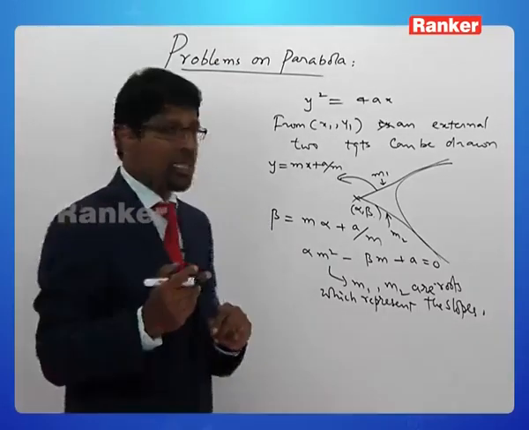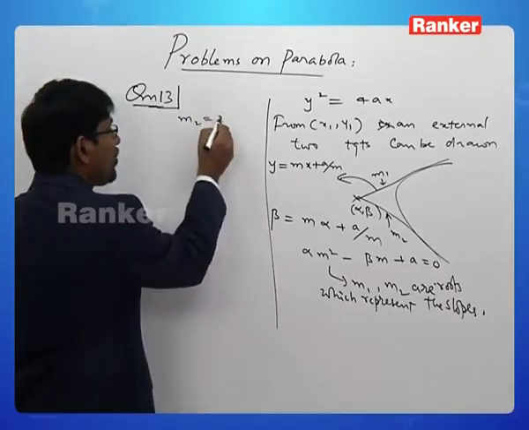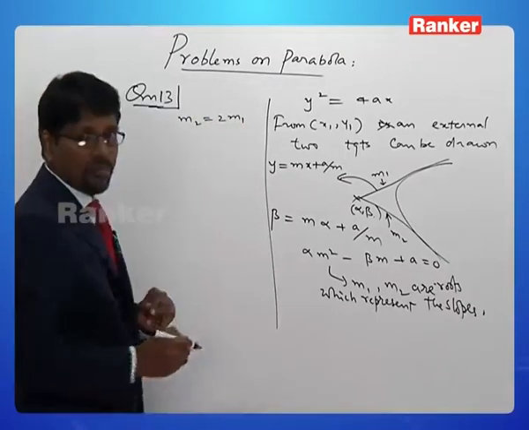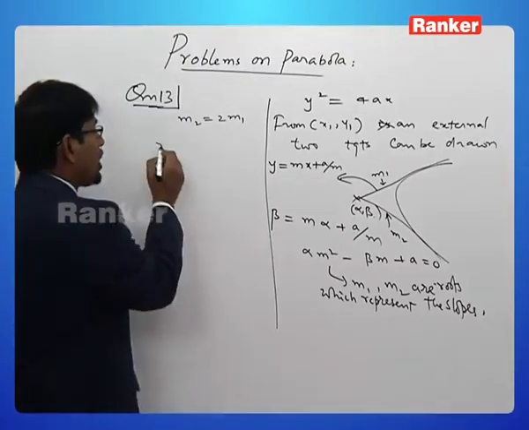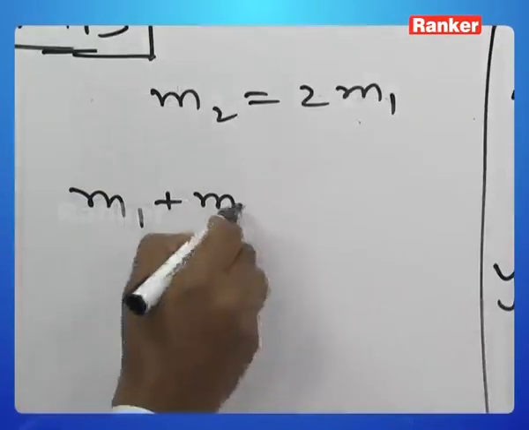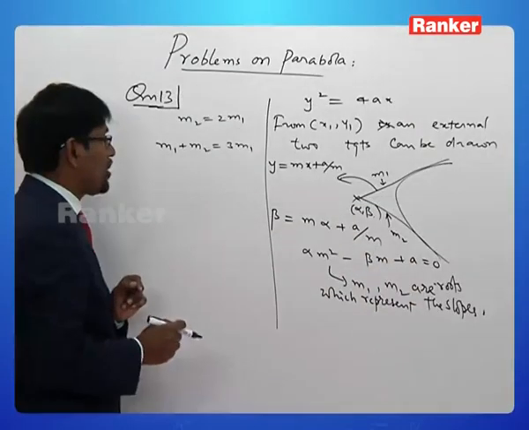Slope of one tangent is double the other. So let's assume that m2 is equal to 2 times m1. So what can be said about m1 plus m2? That will be 3m1.